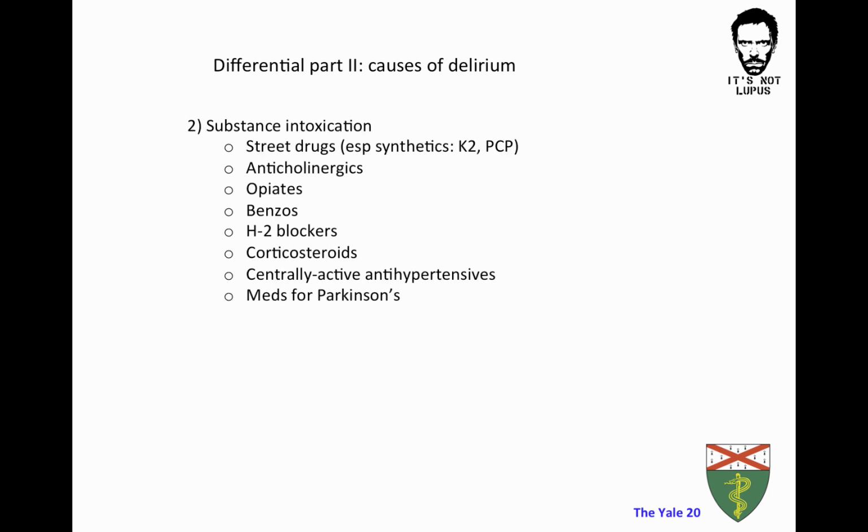Next, substance intoxication. Street drugs, in particular synthetics like K2 and PCP, anticholinergics, opiates, benzodiazepines, histamine blockers, steroids, centrally active antihypertensives, and Parkinson's medications. Also substance withdrawal, in particular alcohol, opiates, or other sedatives.